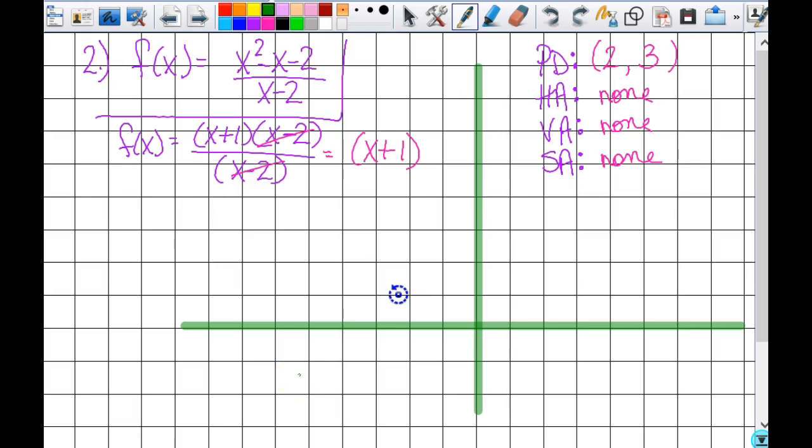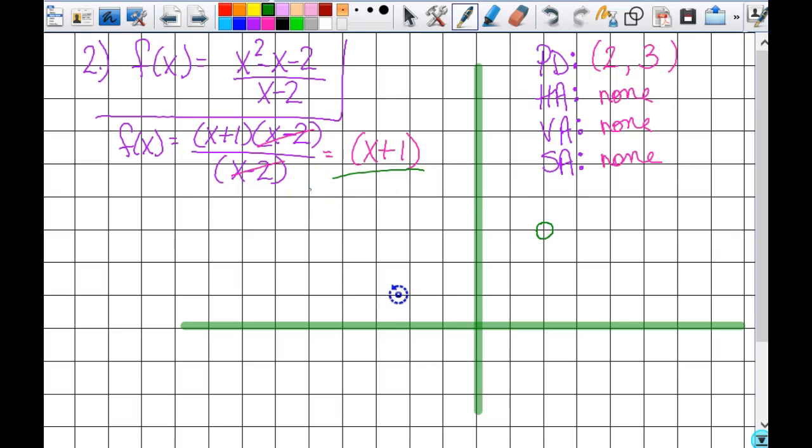So I know at 2, 3 what's happening? A hole. So at 2, 3 I'm going to make my hole. And then basically I'm just graphing this. I just have to take into account the hole. Because remember, it acts like that, but a hole at 2, 3.